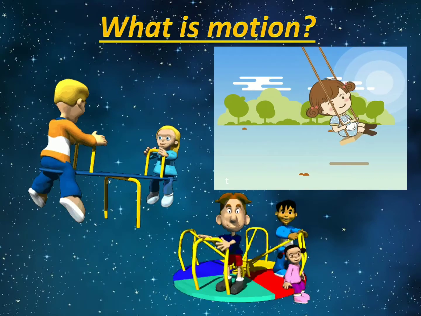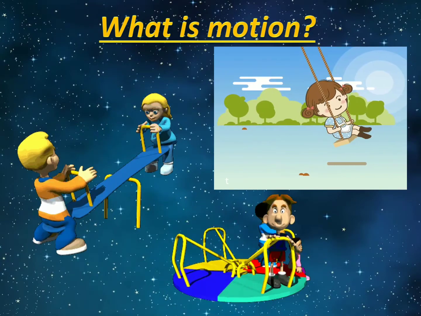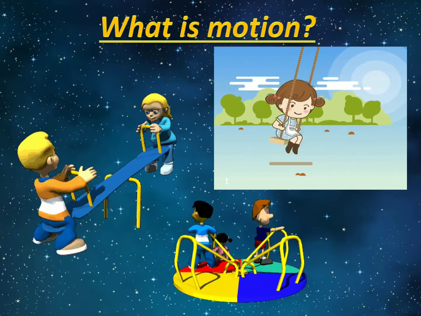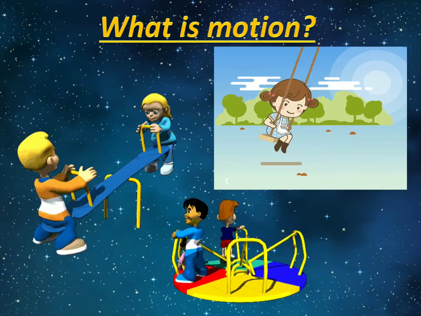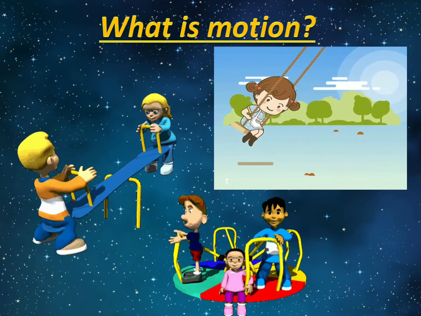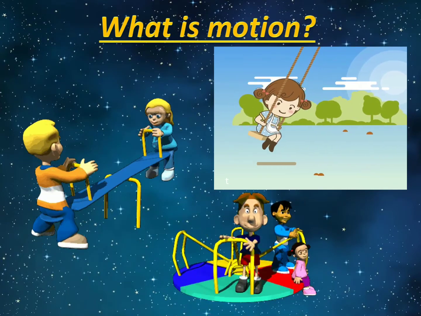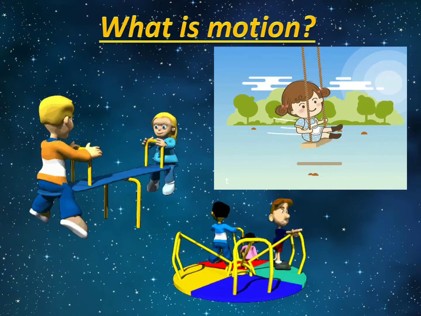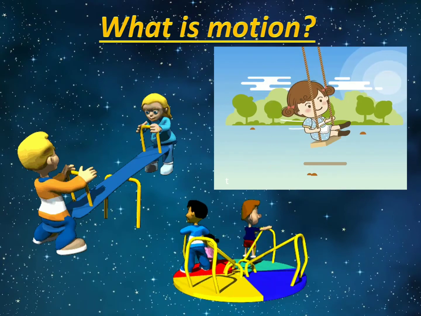For example, the seesaw, what is the movement? It goes up and down. Swing, what is the movement? It goes forward and backward. Merry-go-round, what is the movement? It goes round in a circle. So the act of making a movement is called motion.